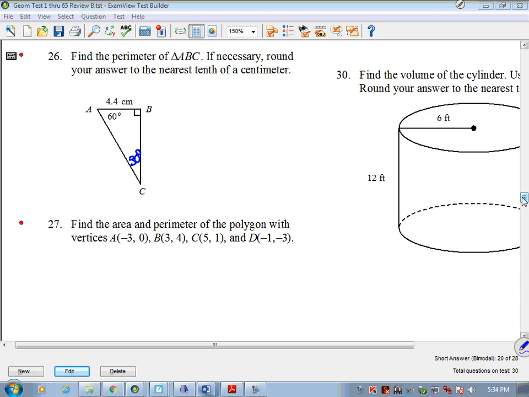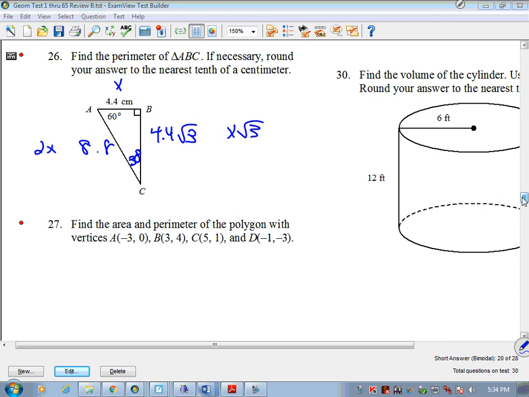Then 4.4 times 2 is 8.8, and this is 4.4 radical 3, because this is x, 2x, x times radical 3.